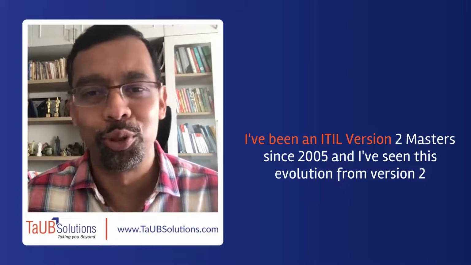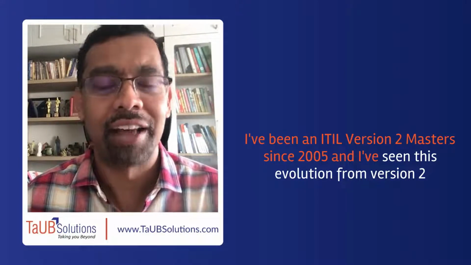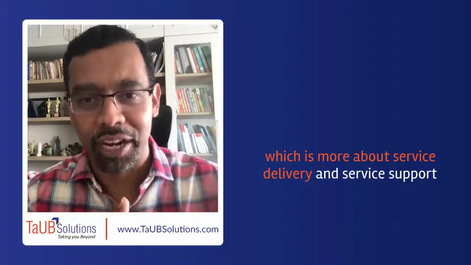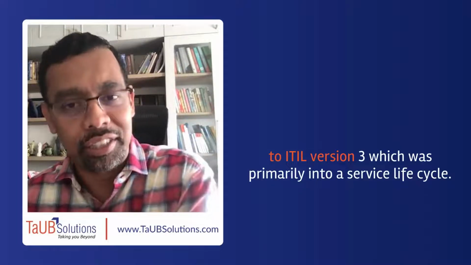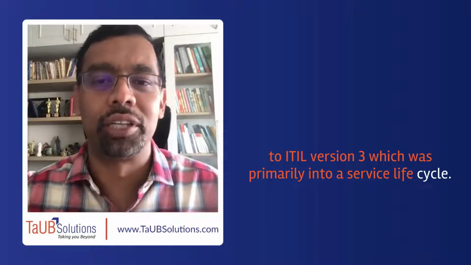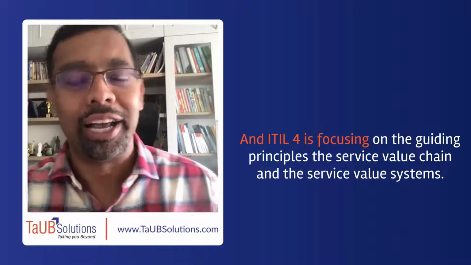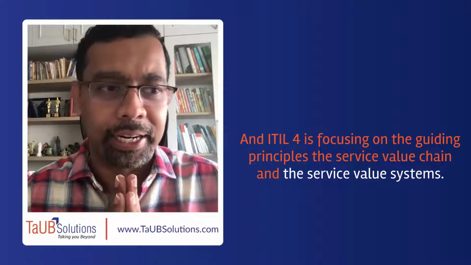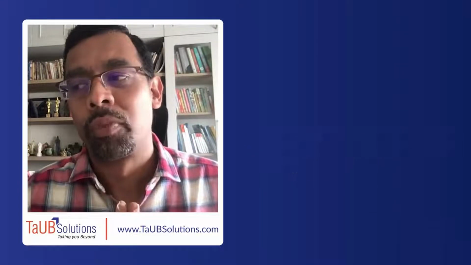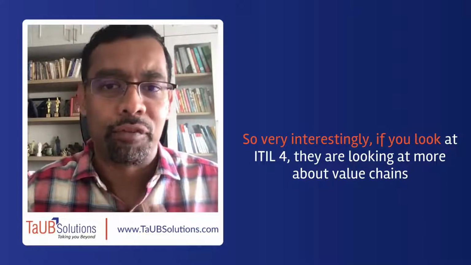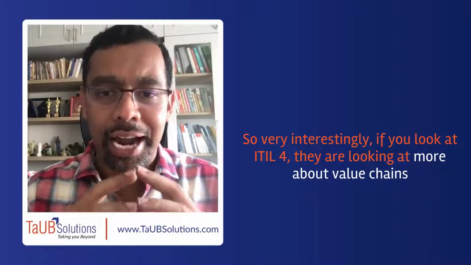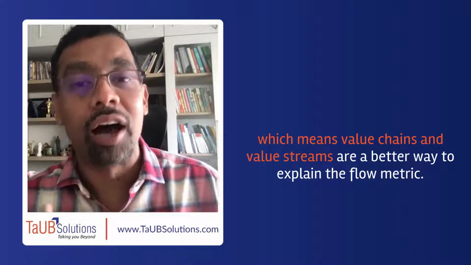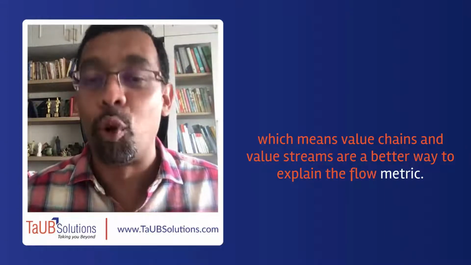I've been an ITIL version 2 master since 2005, and I've seen this evolution from version 2, which is more about service delivery and service support, to ITIL version 3, which was primarily about the service lifecycle, and ITIL 4 is focusing on the guiding principles, the service value chain, and the service value systems. Very interestingly, ITIL 4 is looking more at value chains, which means value chains and value streams are a better way to explain the flow metric.